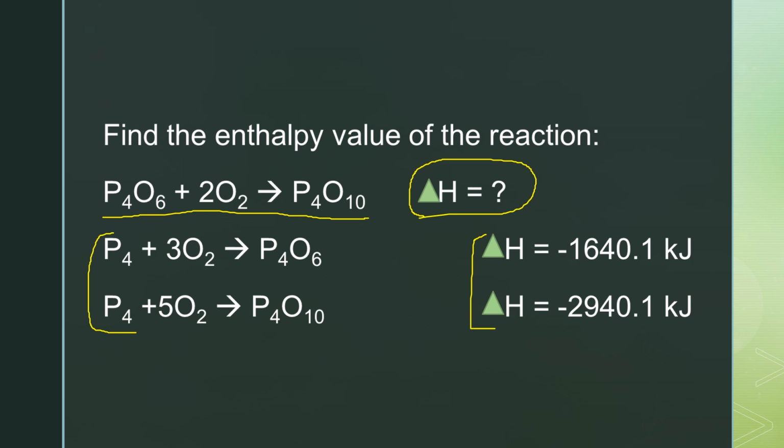You're not given the enthalpy value for the original reaction, but you are given the enthalpy values for two other similar looking equations. Then you're going to use Hess's law, that puzzle game that we talked about, to rearrange these two similar equations and use that to find the enthalpy value.